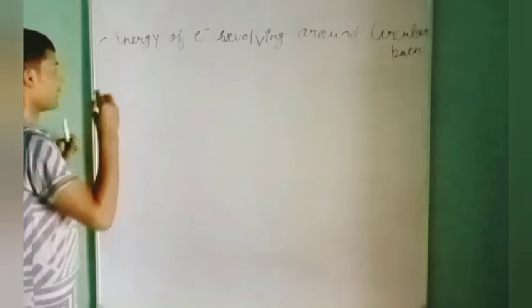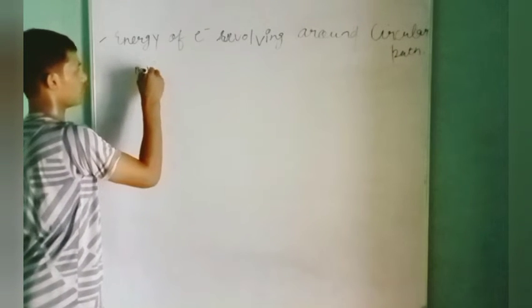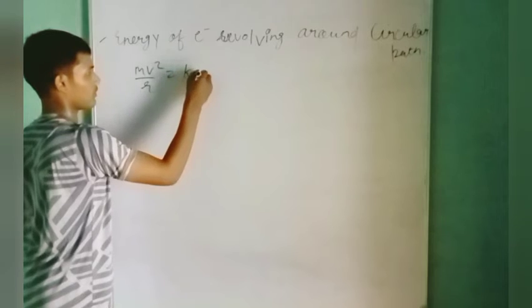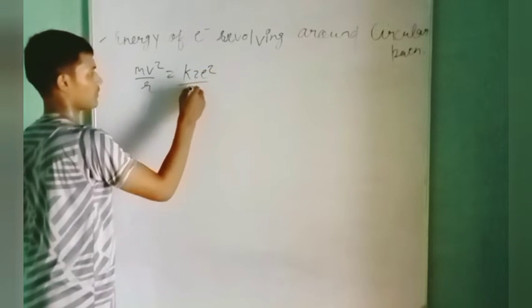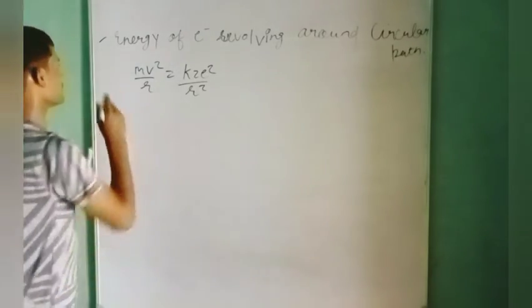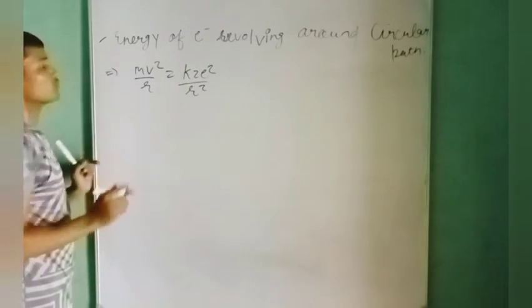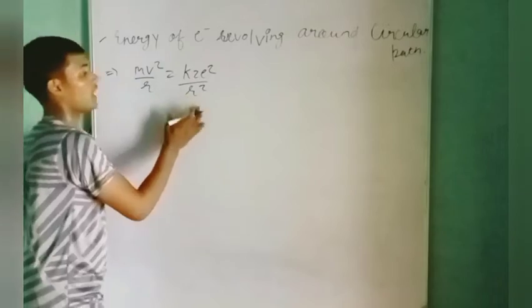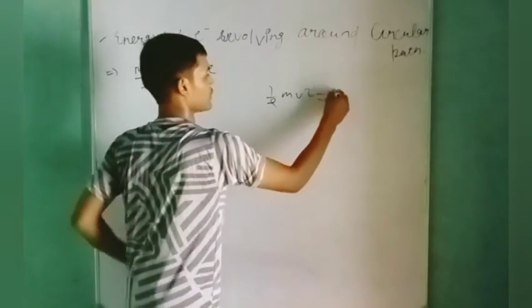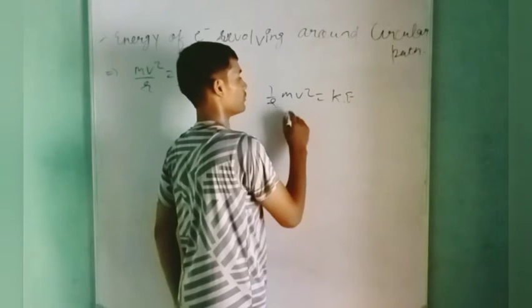So by the first postulate, we take the formula for half mv square. Half mv square is equal to K. So what is the value of mv square?